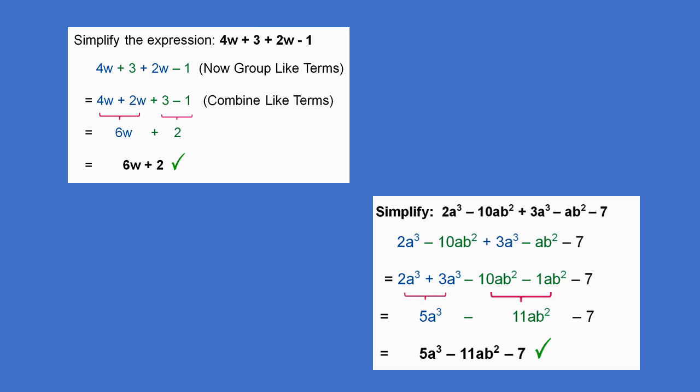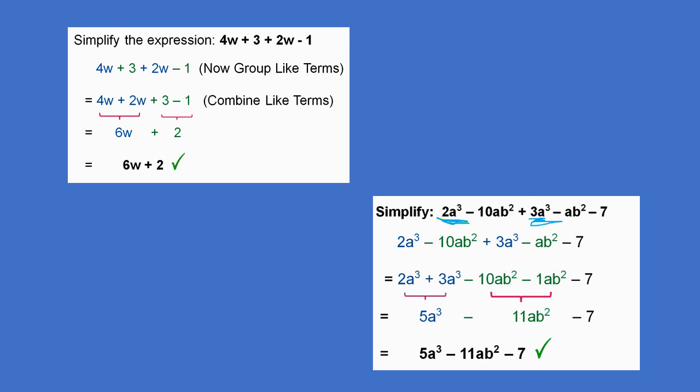Oh, I can't see what I'm doing here. That color does not show up too good. Let's try another color here. There we go. So that a cubed there and this a cubed here are the same. So we can combine those, and you can see that's what they did here. They just turned them blue down here in this step for you.